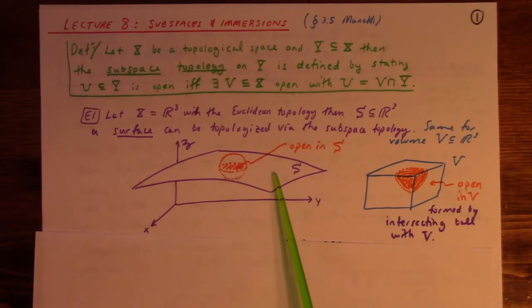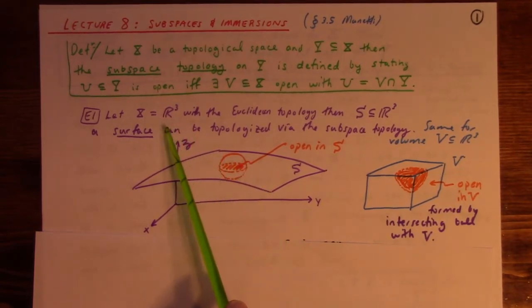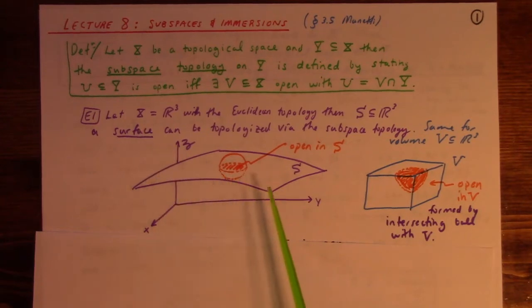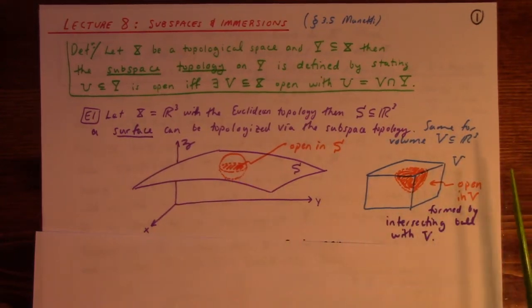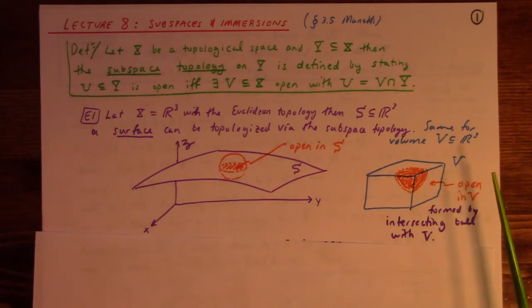Or if S is horizontal, it would give you open disks. And an arbitrary open set in S could be formed by a union of these intersecting ovals, because of course an arbitrary open set in R3 is formed from a union of open balls. That's the metric topology.